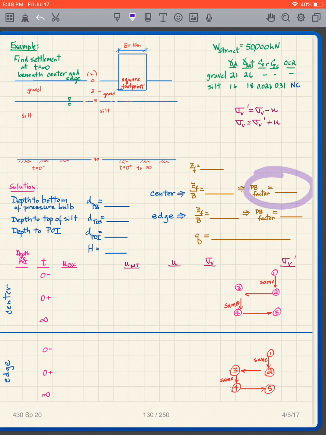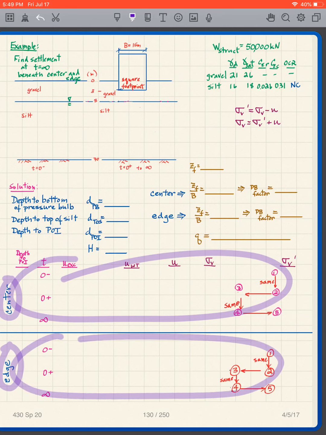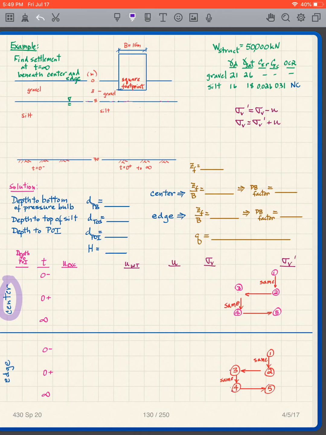Get those, and then what I want you to do is to basically fill in the table for the center, fill in the table for the edge. So you've got this table to fill in, this table to fill in, and I've also helped you out a little bit by guiding you. That's step 1, step 2, step 3, step 4, step 5.